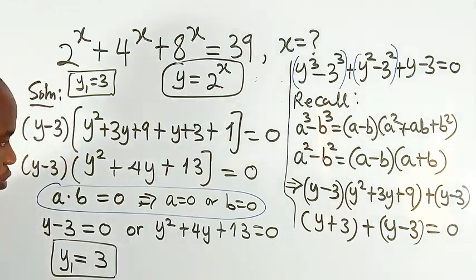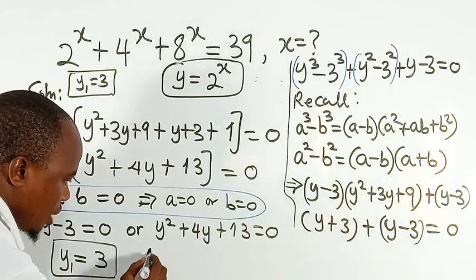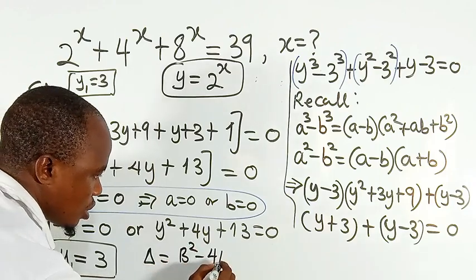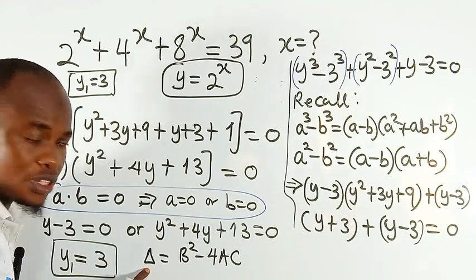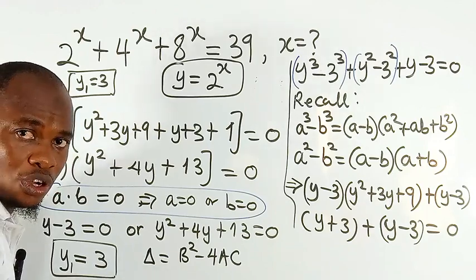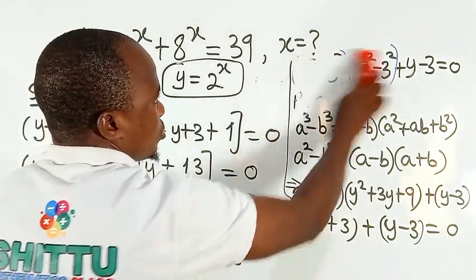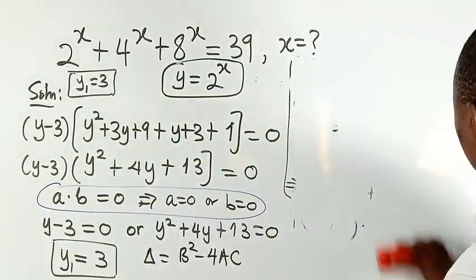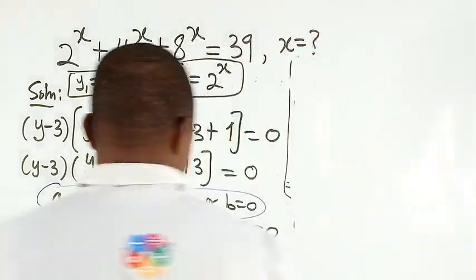So now let's check for complexity. If you want to know the nature of this root here, we are going to use the discriminant, that is b squared minus 4ac. If this gives us negative, it shows that the nature of the root is complex. All right, so now we continue. Let's see what this one will give us.